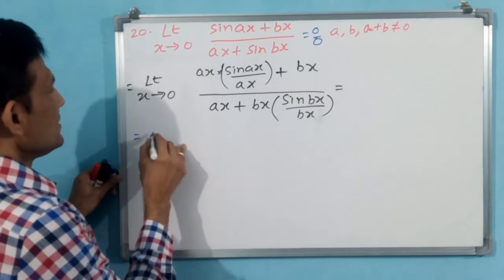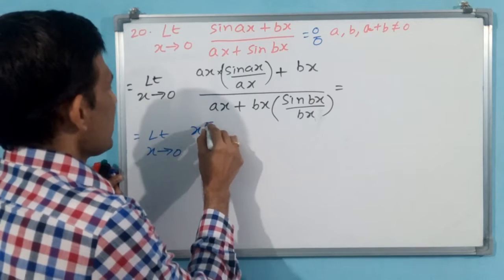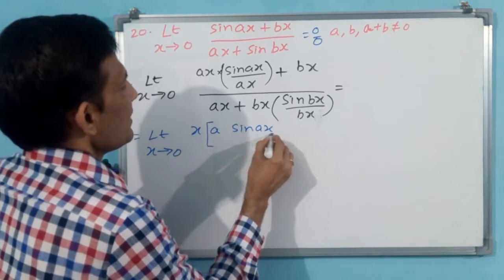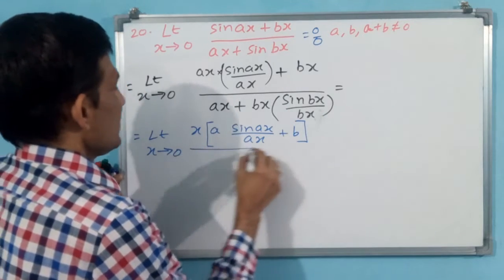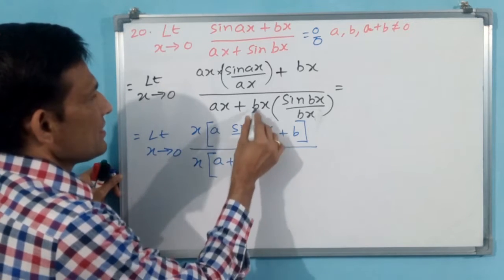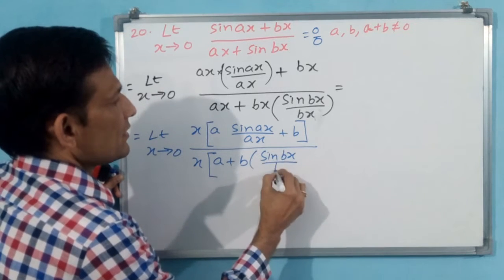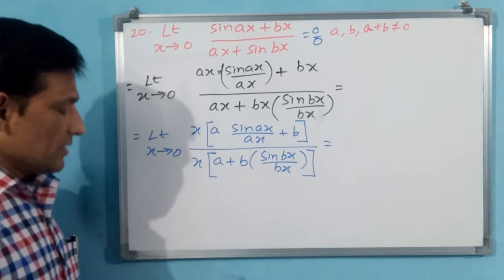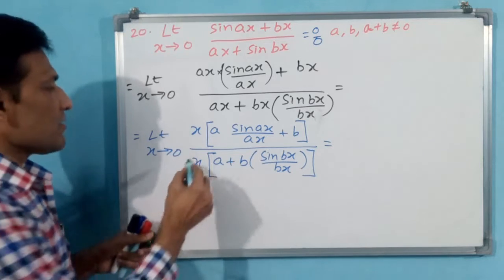That is equal to limit x tends to 0, x will be common, so x goes outside: a sin ax by ax plus b, divided by, here also x goes outside, a plus b sin bx by bx. Okay, sorry, this is not the answer, this is the next step. You see, what is the advantage? You can cancel out x.